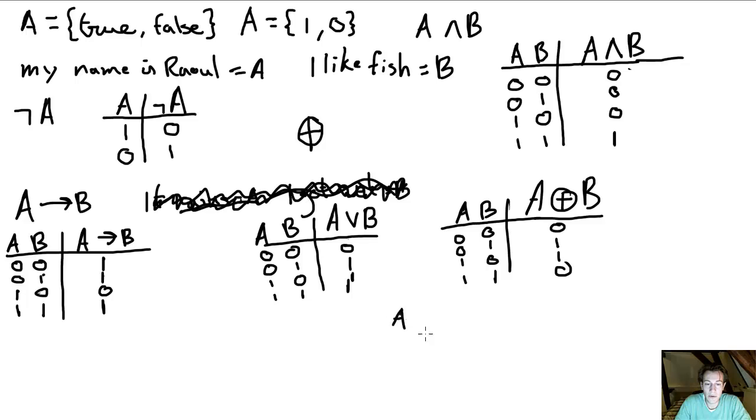So that one is only true when both are false or both are true. I'll show you the truth table over here.